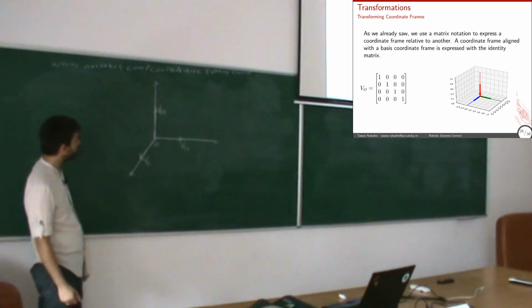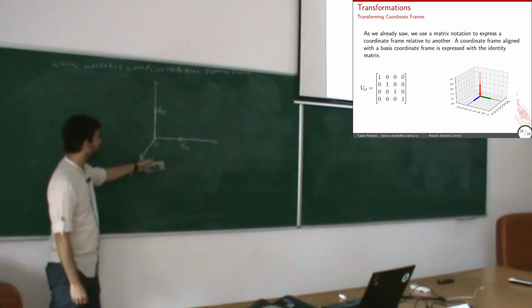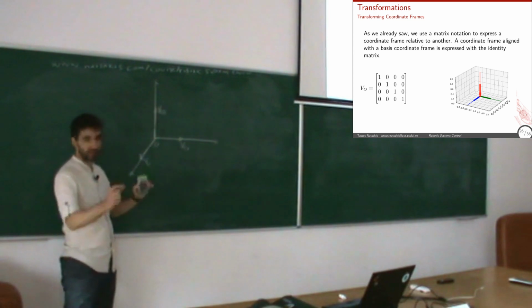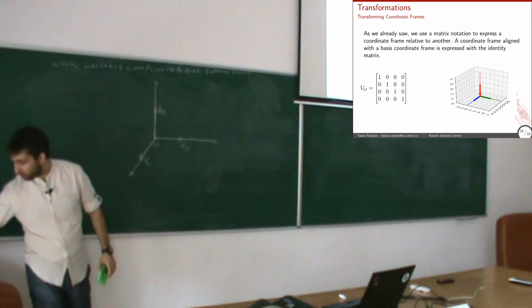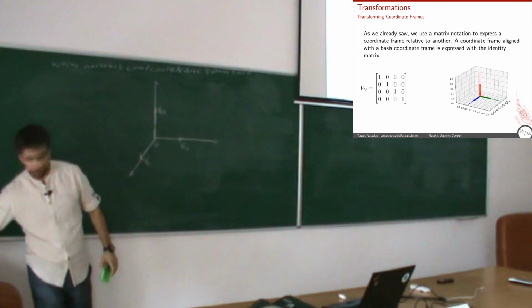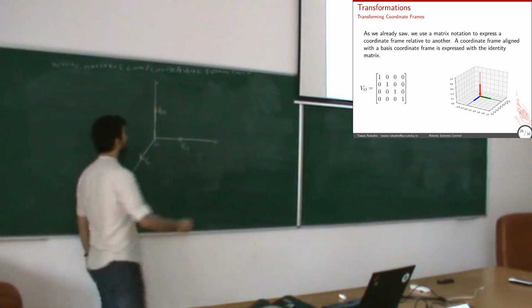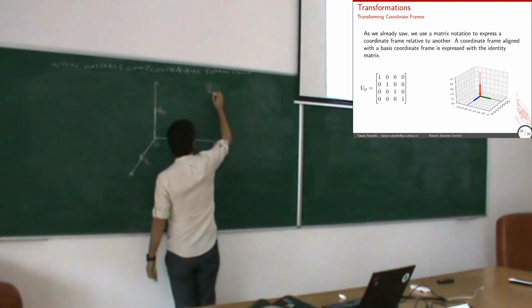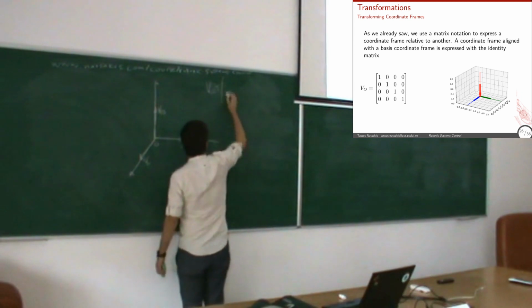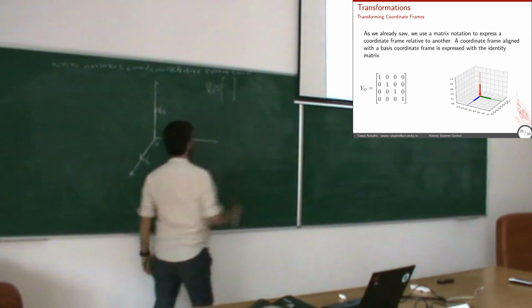Okay? If these V1, V2, V3 are unit vectors, let's see. V1 on 0 will be, what coordinates will it have?